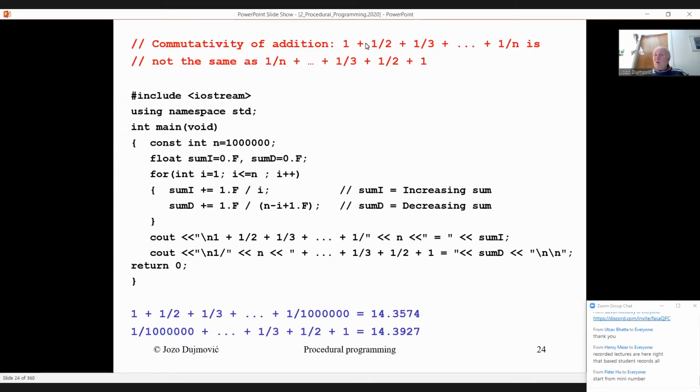But here, in this example, it is equally difficult to go in one direction or the other direction. So you have either this line of code or this line of code. So it is completely the same. I will take one of them and will not make this program slower, but it is going to be more accurate if I go in this way.